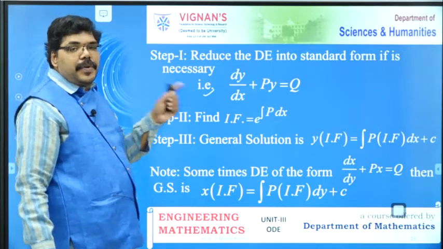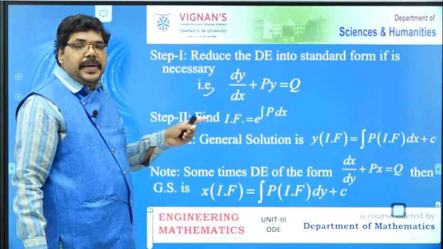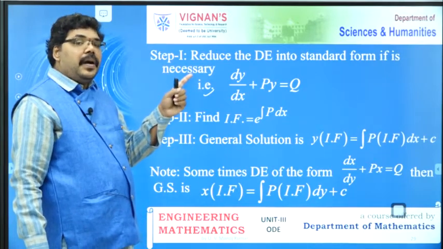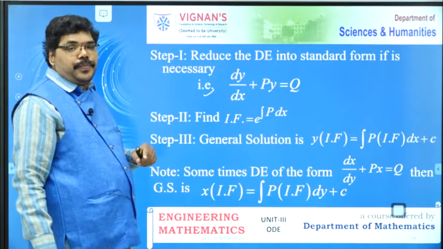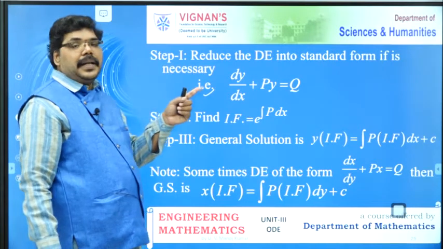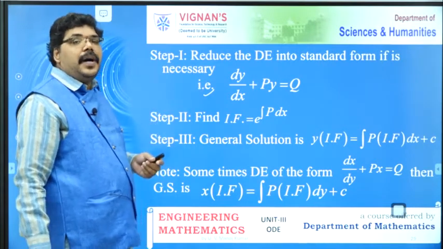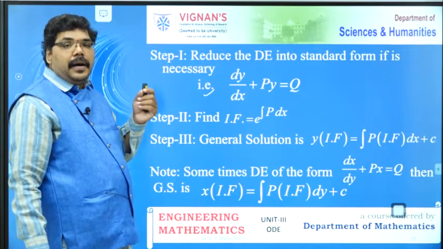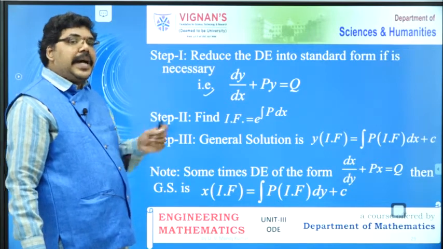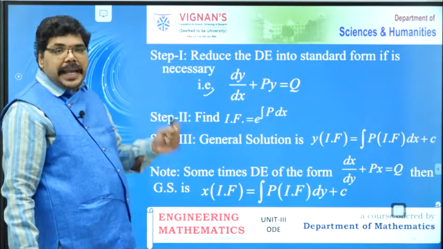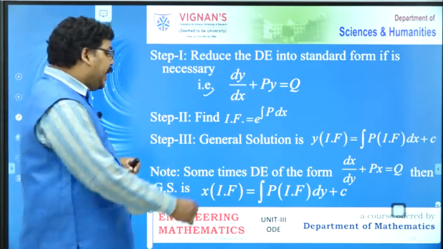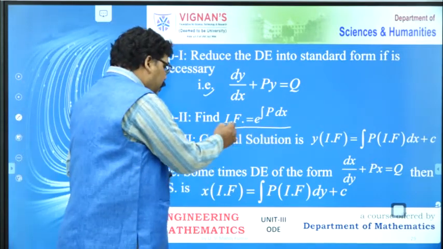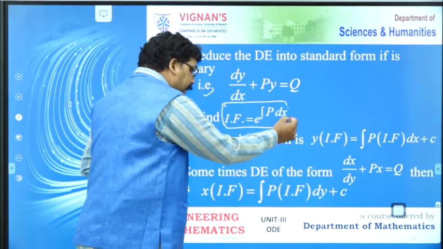What is the standard form? dy by dx plus p of y equals q. After writing it in the standard form, find the integrating factor. What is the formula to calculate the integrating factor? Integrating factor is equal to e power integral p dx.